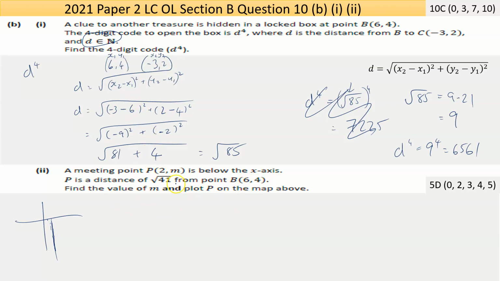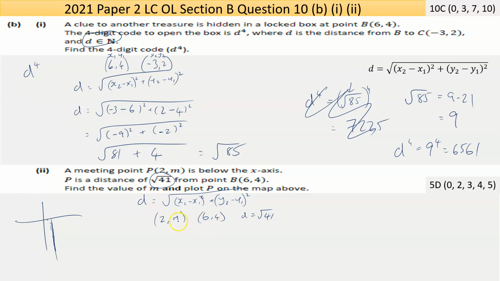Now, if I use the distance formula again, I know that the distance is the square root of 41. So if I write it out, distance is equal to the square root of (x2 minus x1) squared plus (y2 minus y1) squared. My two points were (2, m) and (6, 4), and my distance was the square root of 41.